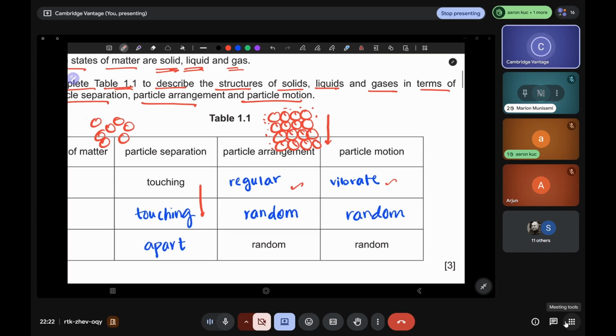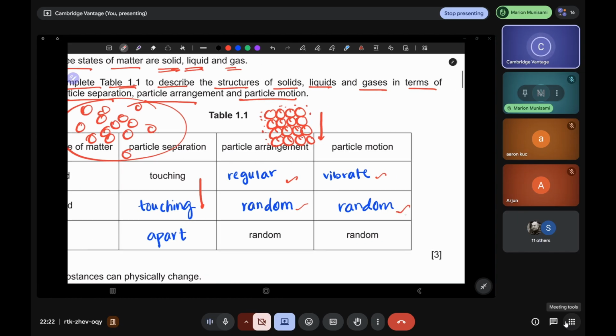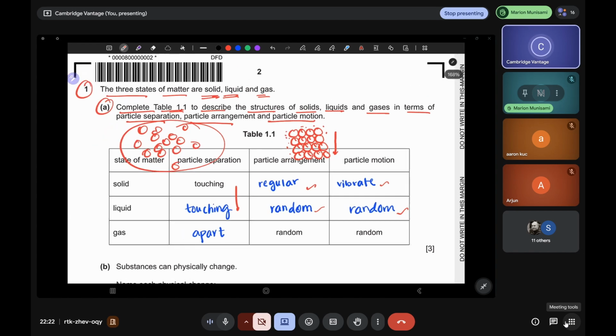So in liquids, the particle arrangement is random, because we see that now there is no fixed arrangement of the particles. So we write down random. And the particle motion, the liquid particles flow on top of each other, or you can write slide on top of each other, and there is no trend in how they slide and where they will slide. So again, we write for particle motion that it is random.